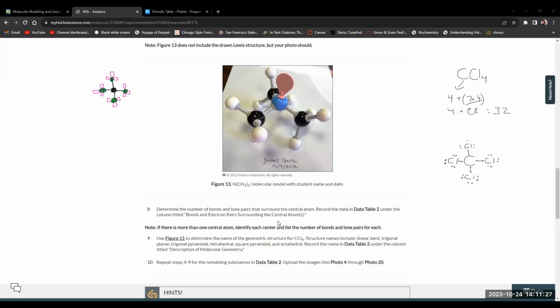So how many bonds surround the carbon? If I can stop dropping my model, that'd be great. So what would I write? Wait, I keep forgetting to use the table.